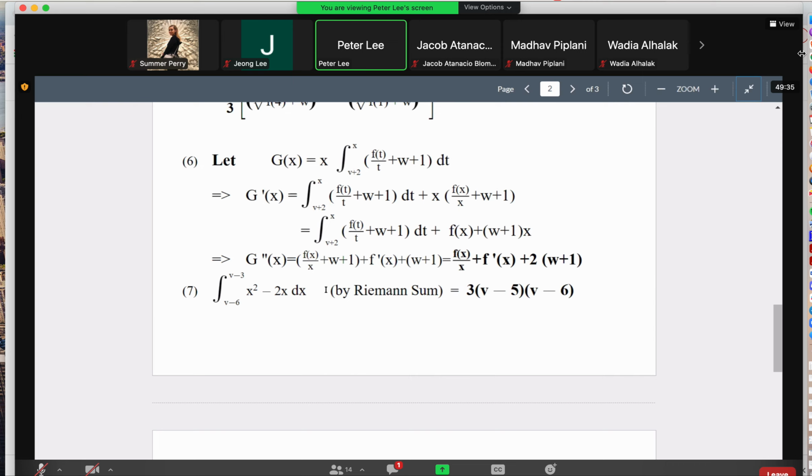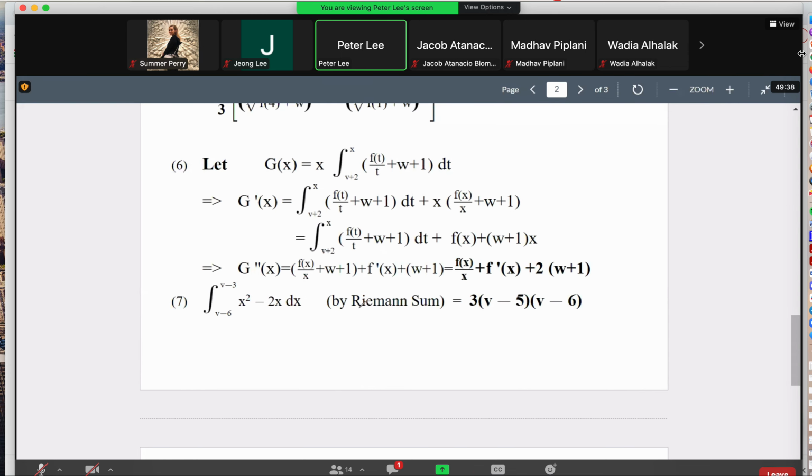I'm getting the impression that many of you are not reading the questions correctly. What did I say on the test? It says here exactly: according to the limit sigma definition of definite integrals.